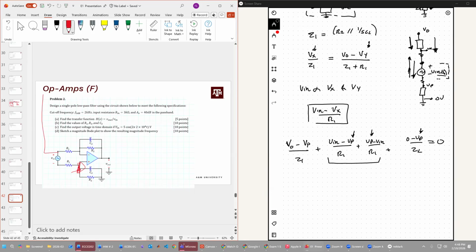Okay, so the voltage drop for VP, yeah, because we can't move that over. That has to stay there. Because if we simplify these set of terms, we're gonna get V0 over this.